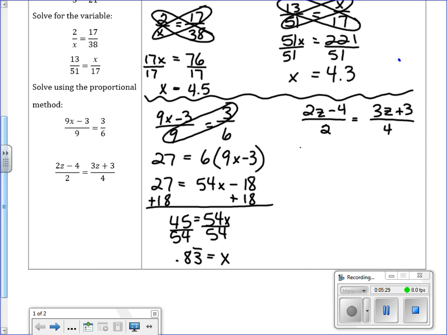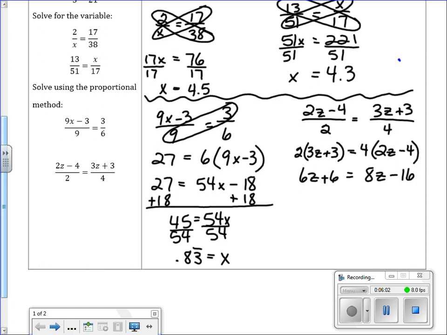So I have 2 times the quantity 3z plus 3 equals 4 times the quantity 2z minus 4. Now I want to distribute, and I have 6z plus 6 equaling 8z minus 16.